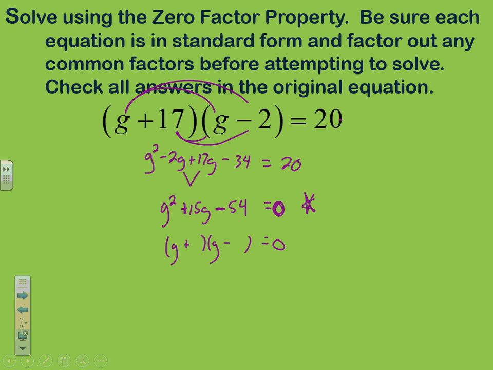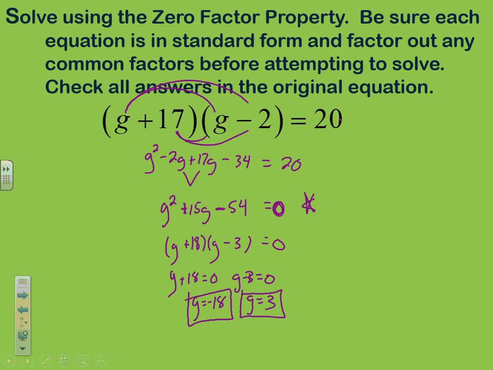So the two factors of 54 that could combine through addition to give me a positive 15 are going to be a positive 18 and a negative 3. So they're the two factors that we need to set equal to 0. g plus 18 equals 0 and g minus 3 is equal to 0. And so here I get g to be a negative 18, and here I get g to be a positive 3.